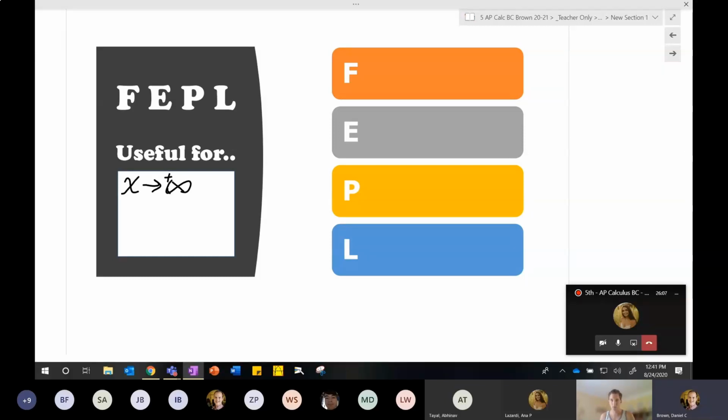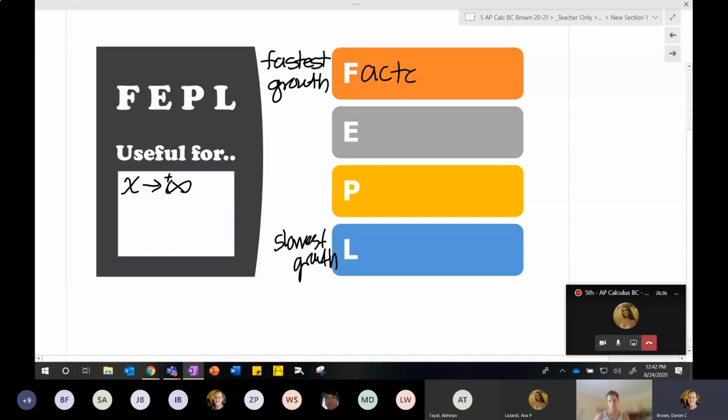The first part of FEPL is going to be the fastest growth, whereas the L is going to be the slowest growth. Or another way to say that, F is going to have the biggest infinity, to L, which is going to have the smallest infinity. F stands for factorial.